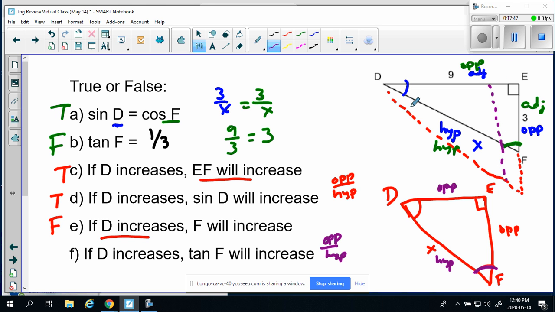Okay? So if you want to keep the hypotenuse the same, it's actually not quite correct to have drawn it the way that I did here. If you're going to swing that hypotenuse out like this, then this side has to shorten, and that side has to lengthen. So the opposite side to angle F, which is over here, has actually shortened from 9 to something smaller than that. So if this is smaller, then tan F is also going to be smaller. So this is also false.